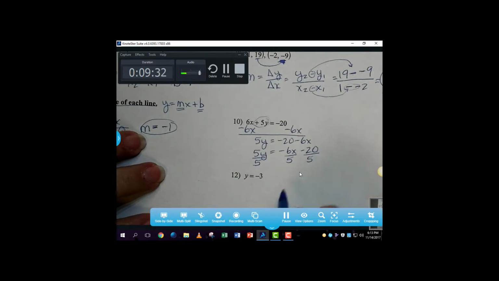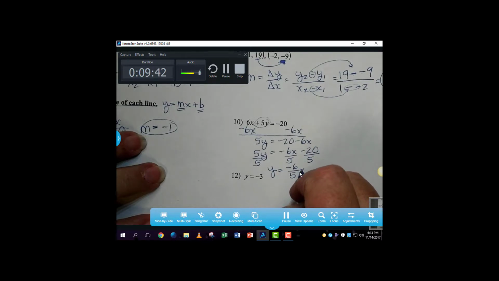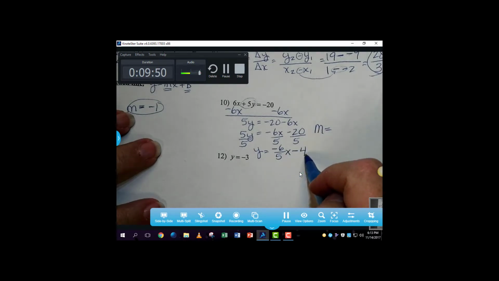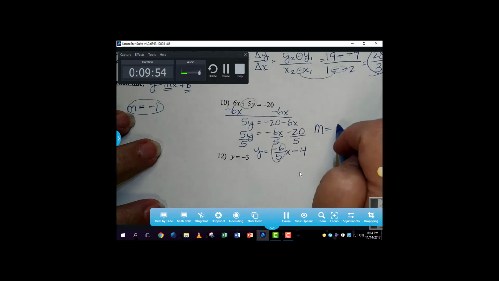So I'm going to divide everything by 5, and I will get y equals, now what's the coefficient of x? It's negative 6 divided by 5. Negative 6 fifths x. Negative 20 divided by 5 is negative 4. I'm only asked for m. I'm not asked for the y-intercept. I'm only asked for m. That's the number being multiplied by the x.